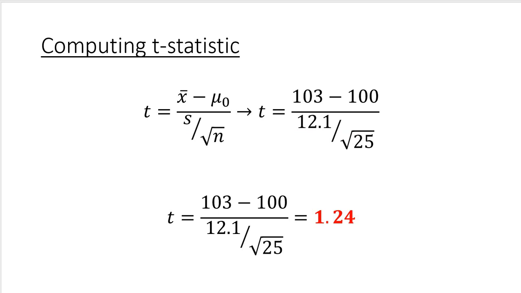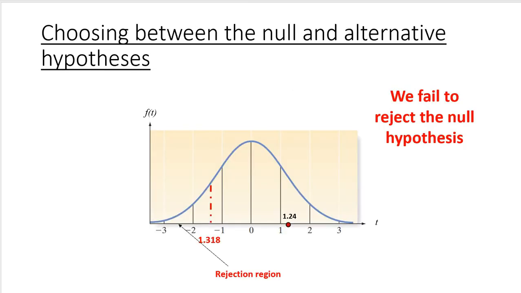Again, we compute the t-statistic. It's not affected by whether you perform a one-tailed, two-tailed, right-tailed, or left-tailed test. It's still the same. And we can definitely say that it does not go within the rejection region. So that's why we fail to reject the null hypothesis, because there is no sufficient evidence for rejecting it, at least for the value of alpha we have chosen.